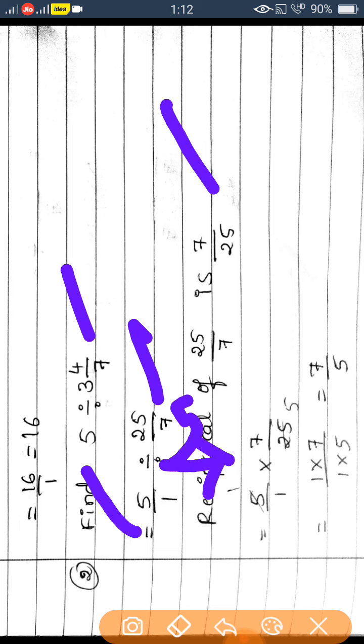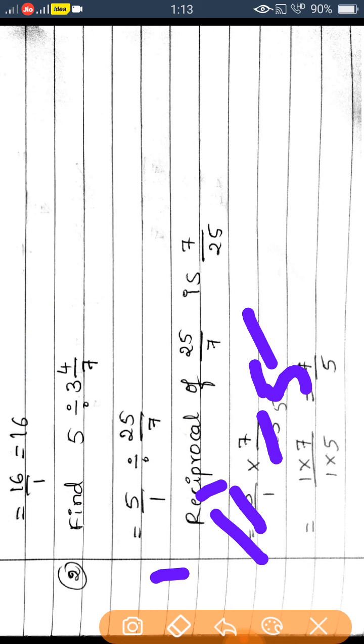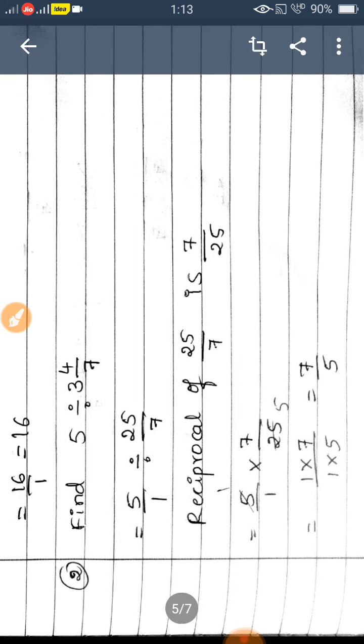So then I can write 5 by 1 into 7 by 25. So again 5 and denominator 1 cancel. Here 5 5s are 25. So 5 1s are 5, 5 5s are 25. So 1 into 7 is 7, 1 into 5 is 5. So 7 by 5 here.